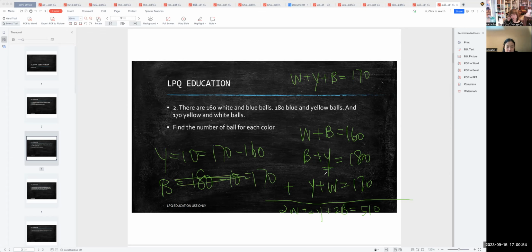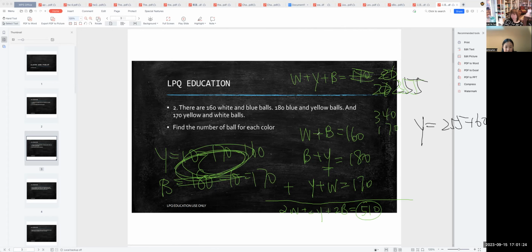Oh no, did I calculate wrong? 340 plus 170, yes, 510, divided by 2. No, I got it wrong again. It's 255. Okay, because it's divided by 2, xinxin, so it's 510 divided by 2, so it's 255, right? So yellow equals 255 minus 160 because white and blue is 160, right?